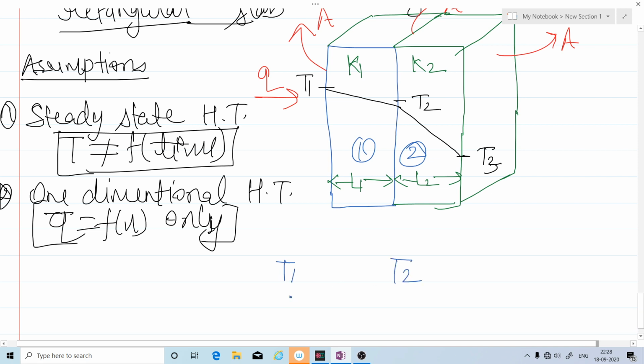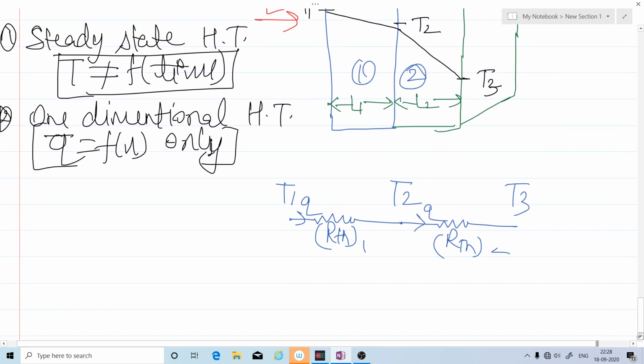So because of this there will be some heat flow Q, and there will be some thermal resistance 1, and the same heat transfer will take place from T2 to T3. Therefore there will be some thermal resistance for the second slab, let's say thermal resistance 2.